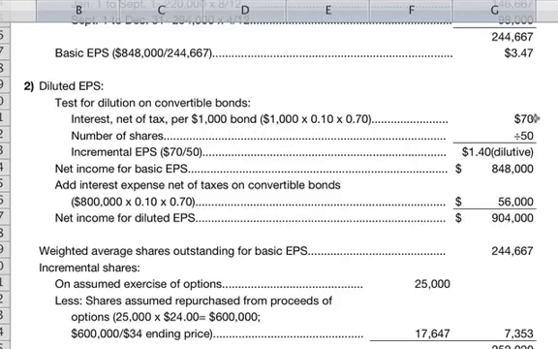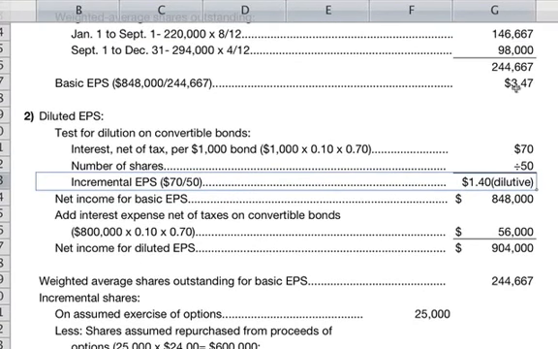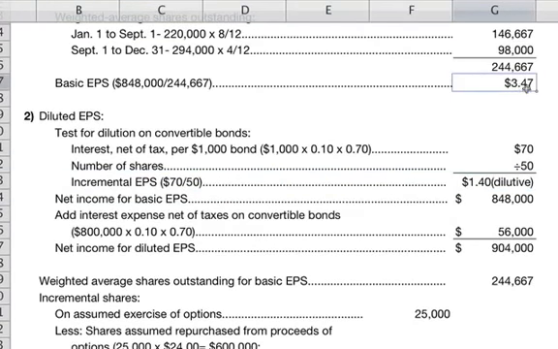You have the $70 paid out in interest net of taxes per $1,000 bond, and each one of those $1,000 bonds is convertible into 50 shares. So you divide that $70 by 50 shares. That gives you an incremental EPS of $1.40, and it is less than $3.47 per share, so it is dilutive. That's what that means.